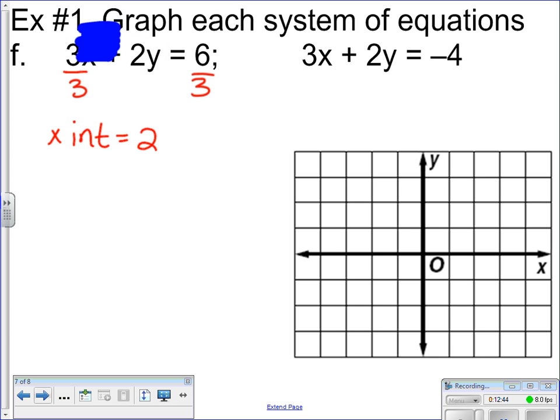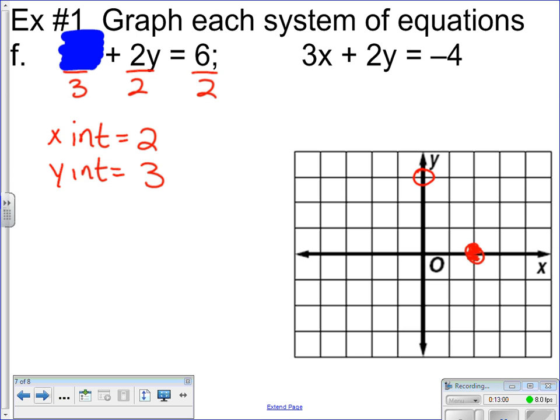Slide my little blob over. This time I'll divide by 2, because that's the number in front of the y, and I'll find my y-intercept equals 3. So I'll put a dot at 2 on the x, 3 on the y, and connect.